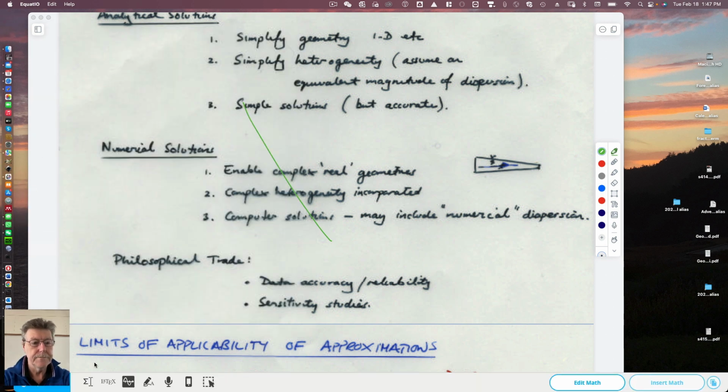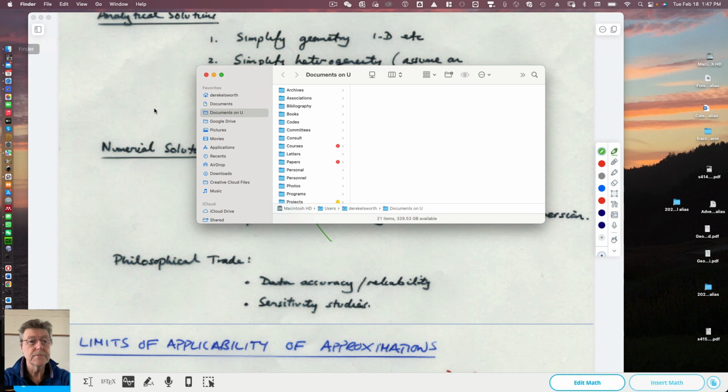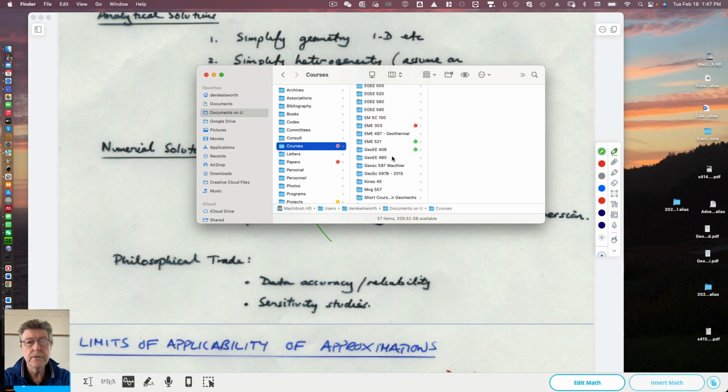Not open yet. Fine. So let's see if I can find. Looking for something on my desktop, but I don't see it. So I'll go somewhere else. I can see into my soul when I do this.